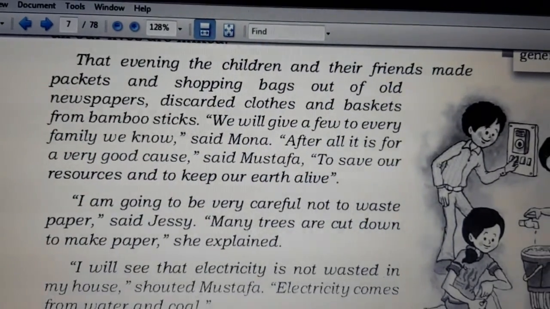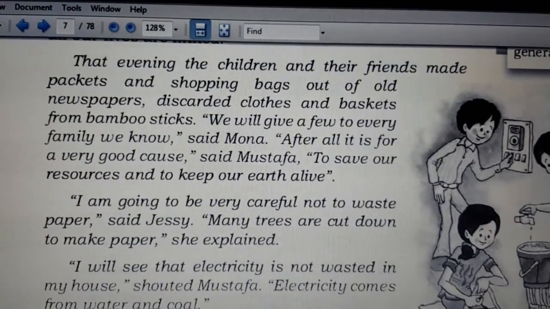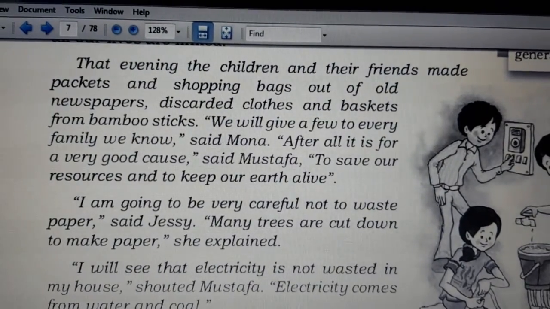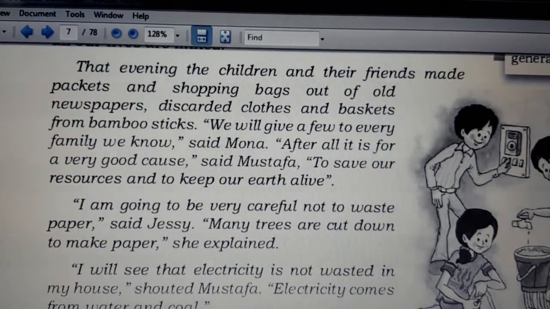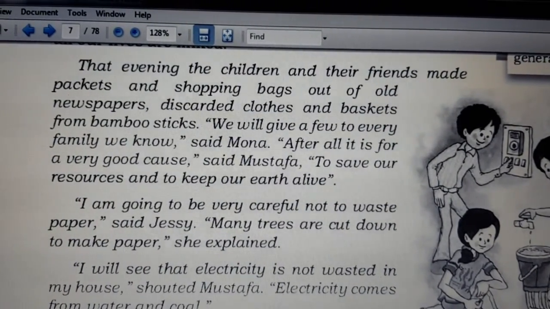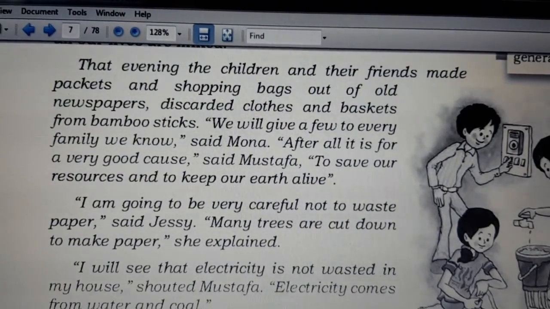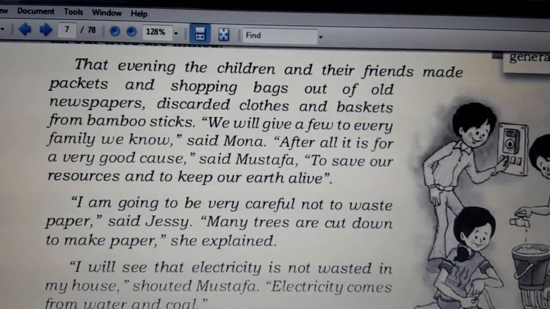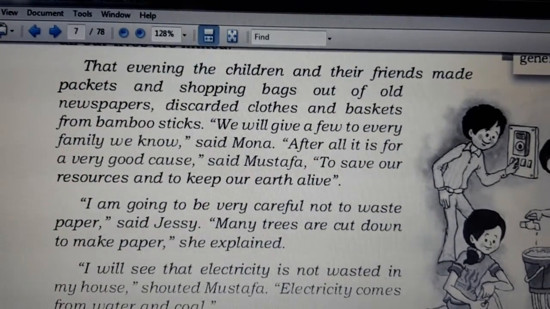That evening, the children and their friends made packets of shopping bags out of old newspaper, discarded clothes and baskets from bamboo sticks. So there are some methods to conserve resources. These children make shopping bags out of discarded clothes, old newspaper and baskets from bamboo sticks.